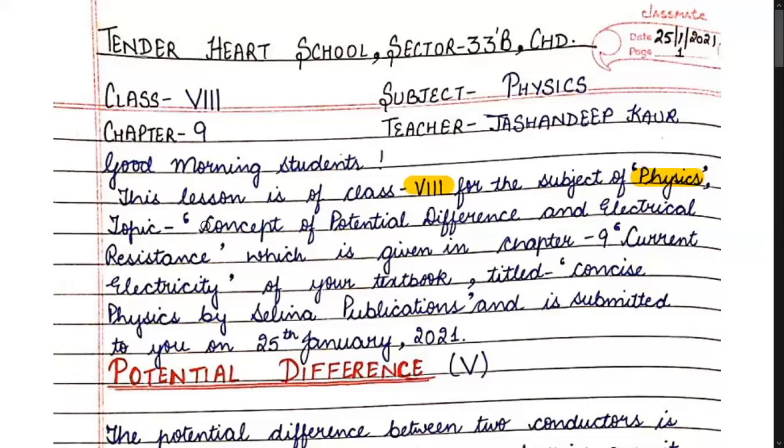Topic: concept of potential difference and electrical resistance, which is given in chapter 9, current electricity, of your textbook titled Concise Physics by Selena Publications, and is being submitted to you on 25th January 2021.